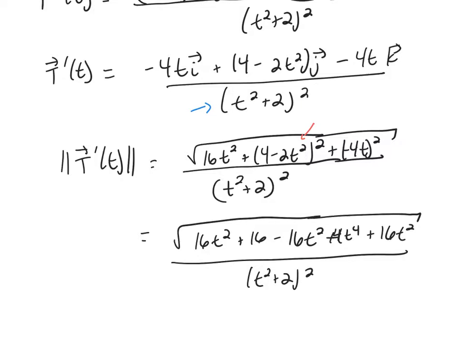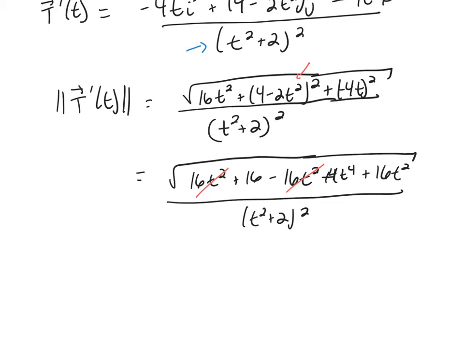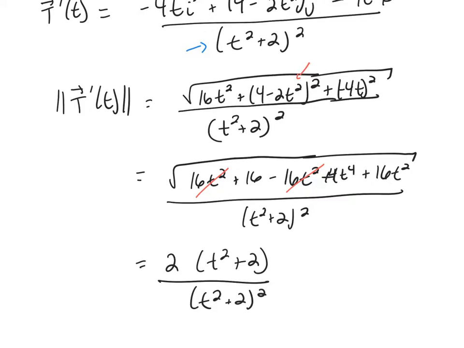So if I look, I have two terms that cancel, 16t squared and negative 16t squared. And if I simplify, if I factor out a 4, which will become a 2 when you pull it out of the square root, you'll be left with t squared plus 2. So then this simplifies down to 2 over t squared plus 2.